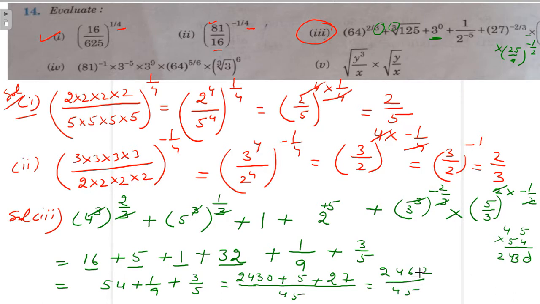So this may be got 3 8s are 24, 3 8s are 24.